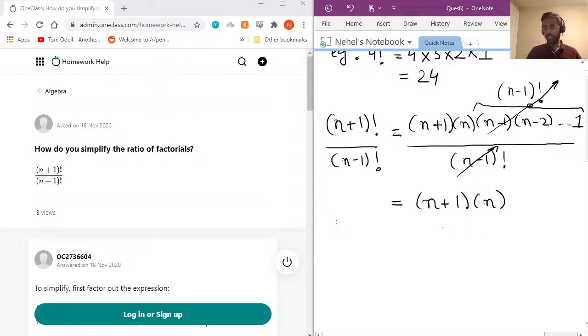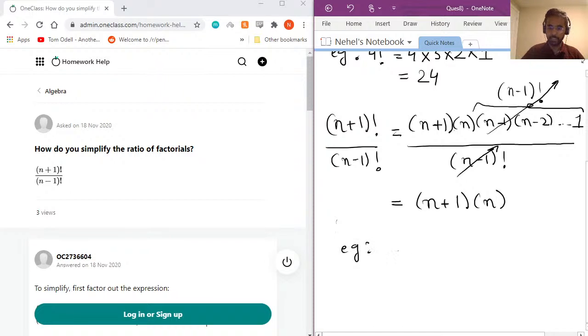So essentially the key takeaway from this question is, if you have a factorial of a number n and you have the factorial of a smaller number divided by it, you can get rid of a lot of the numbers. So just a quick example.